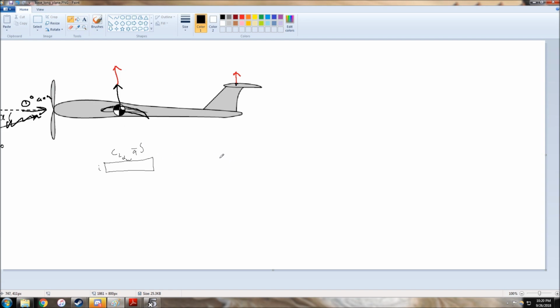Here, the incidence angle for the horizontal stab times the lift curve slope of the horizontal, Q bar SH. This is a smaller width because the area is smaller on the horizontal stabilizer, and the lift curve slope might be smaller too. And these are supposed to be on the same line.